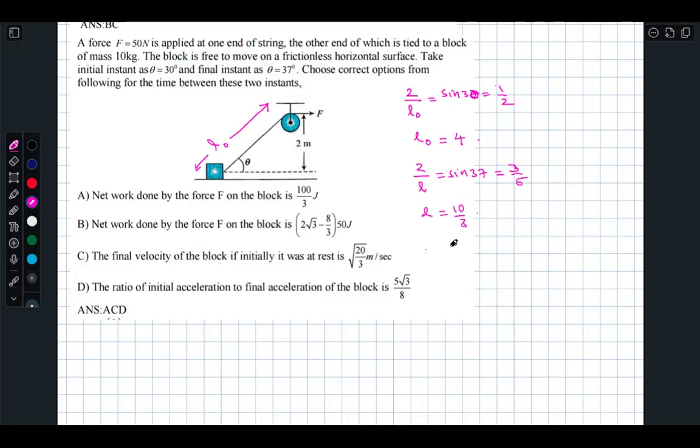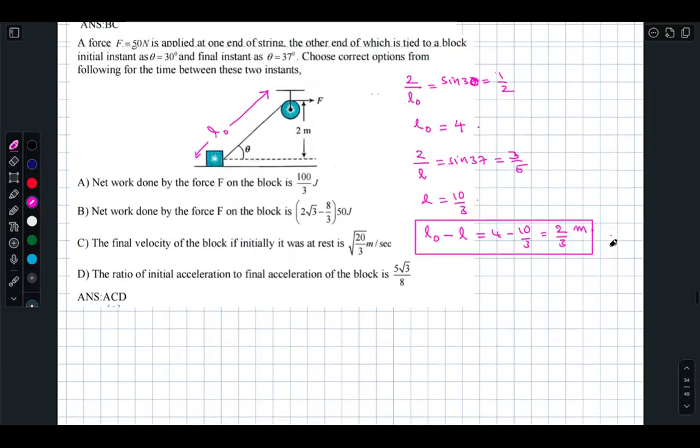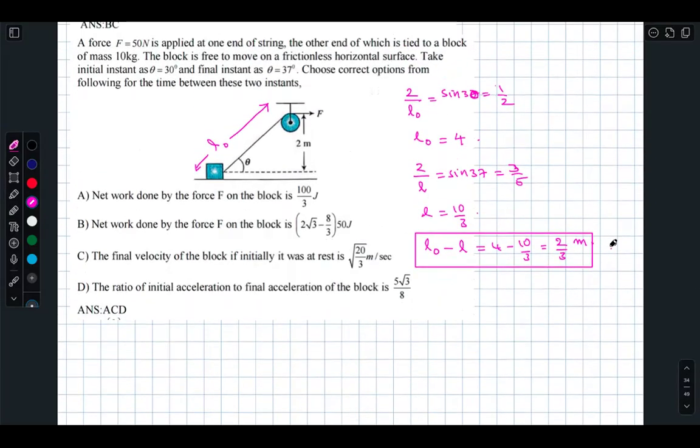So what is the difference? 4 minus 10 by 3, 12 minus 10 by 3, 2 by 3 meter.